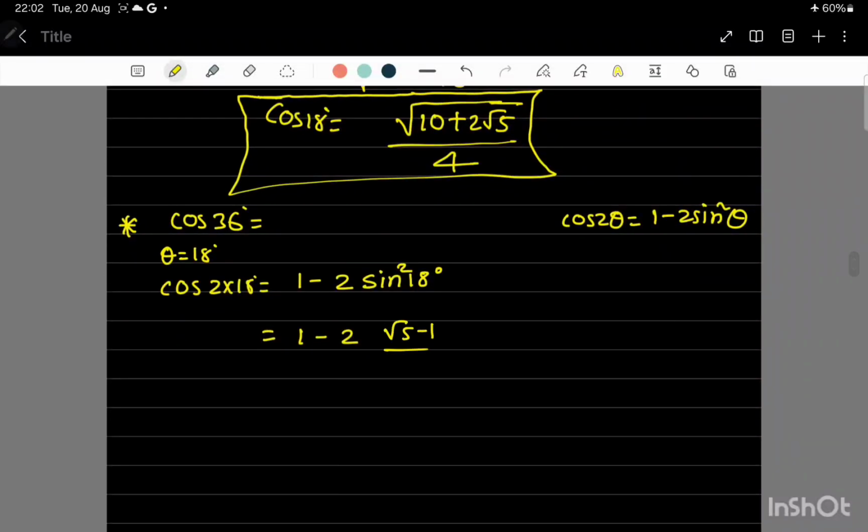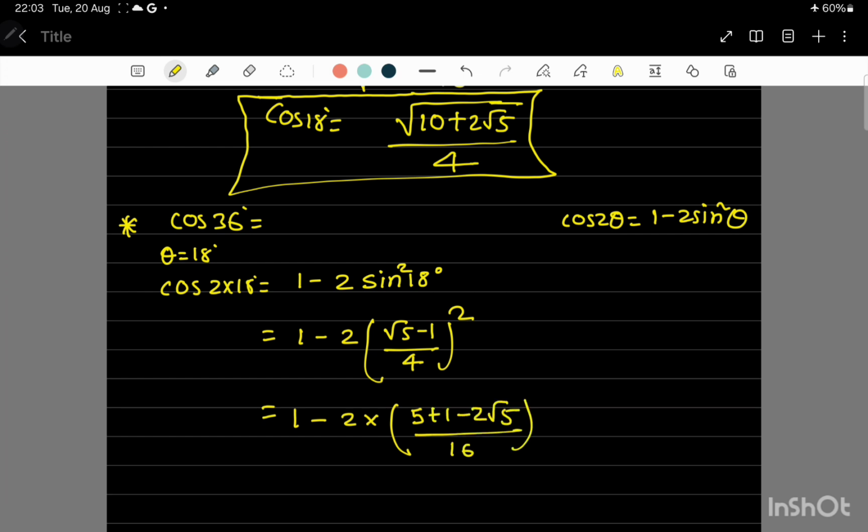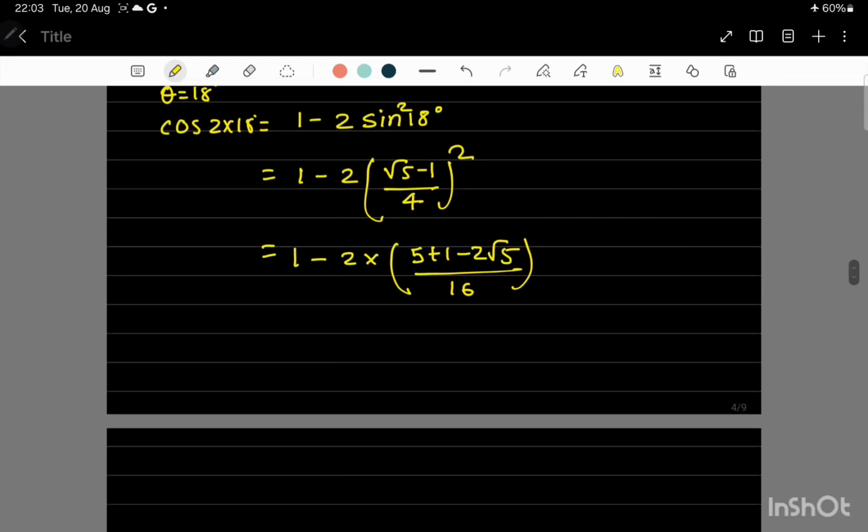So 1 minus 2 into (root 5 minus 1) by 4, whole square, so 1 minus 2 into (5 plus 1 minus 2 root 5) divided by 16, because (a minus b) whole square is a square plus b square minus 2ab. So we can consider 1 as the numerator. So 16 minus 2 into (6 minus 2 root 5) divided by 16.